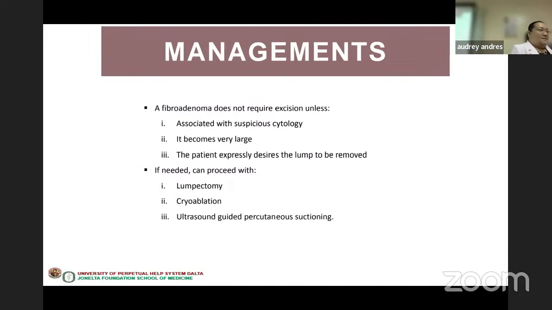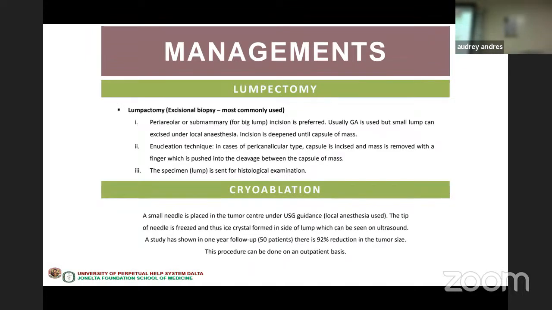But it will not always require excision unless your cytology is suspicious, it's very large, or the patient wants to remove it. If it's needed, you can proceed with a lumpectomy, you can do cryo, or you can do suctioning through ultrasound. Those are your managements.